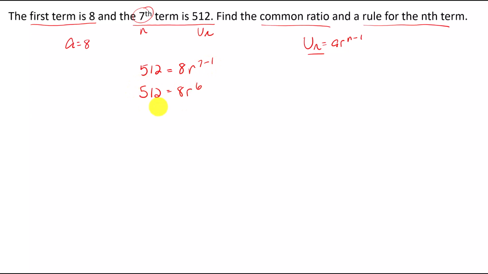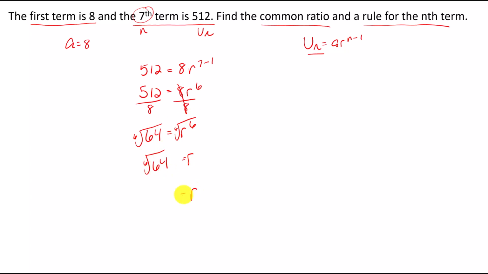So this should look familiar to you. You guys know how to solve this. We need to move the 8 first, so we're going to divide by 8. When I divide by 8, I get R to the 6th on this side. And 512 divided by 8 is 64. Now this is where you got to be careful because in order to get R by itself, we are going to take the 6th root of both sides. So R is equal to the 6th root of 64.